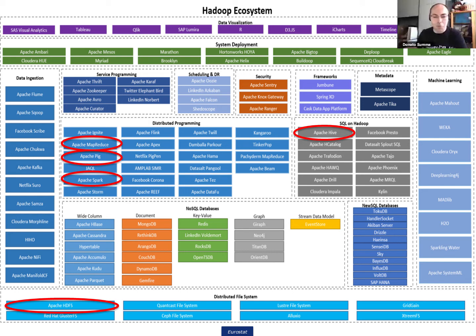I will do my best to provide you a good understanding of the main modules of Hadoop, HDFS and MapReduce, and I'll also try to introduce you to three very common Hadoop related projects by Apache.